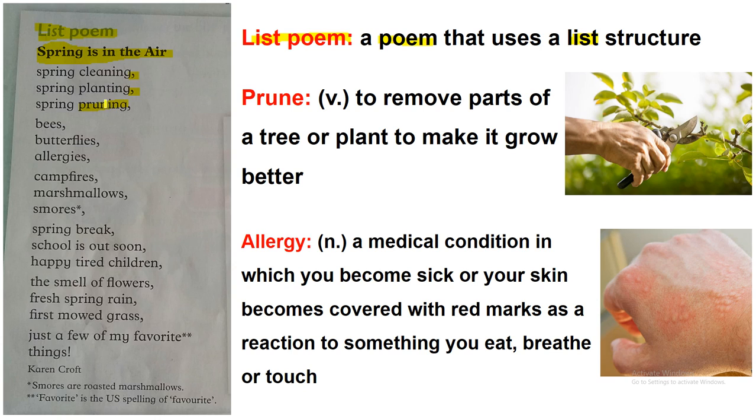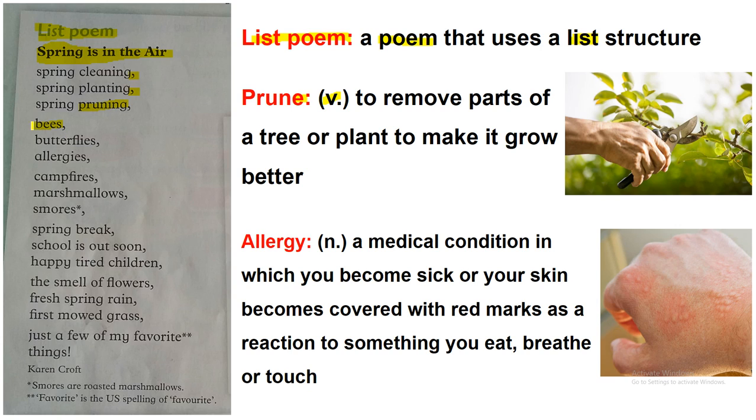Pruning is a verb. It ends with E, but if I want to add ing, I have to cross E first. Prune is a verb, means to remove parts of a tree or plant to make it grow better. Like the one in the picture here, they prune the tree in order to grow in a better way.